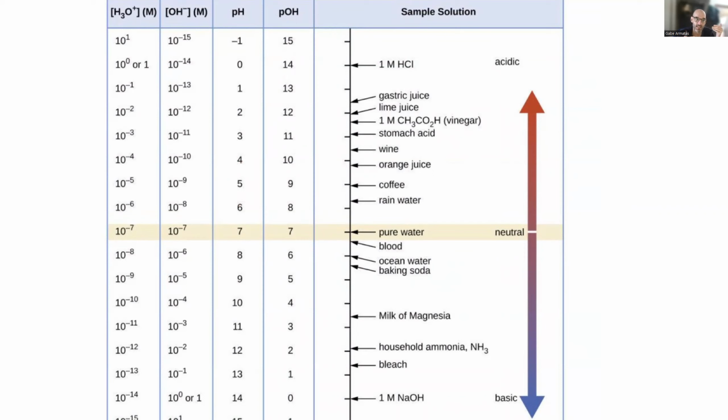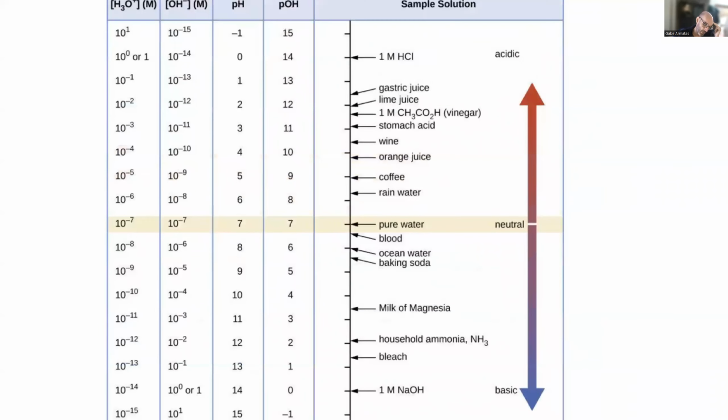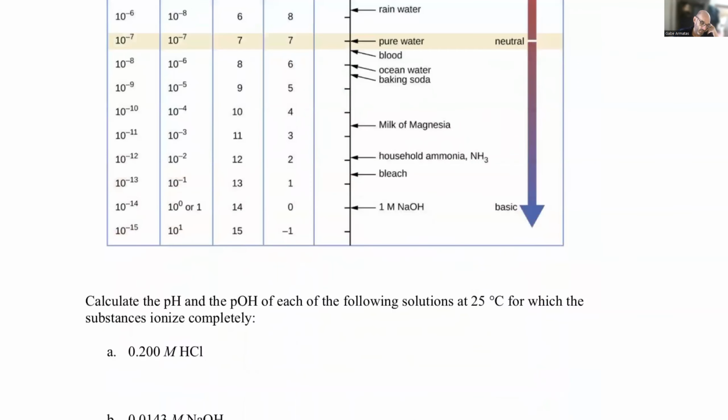So just recognize that jump is really important. All right. So your blood, by the way, is basic. It has carbonic acid because of CO2 that's dissolved, so it actually creates a slightly basic solution.